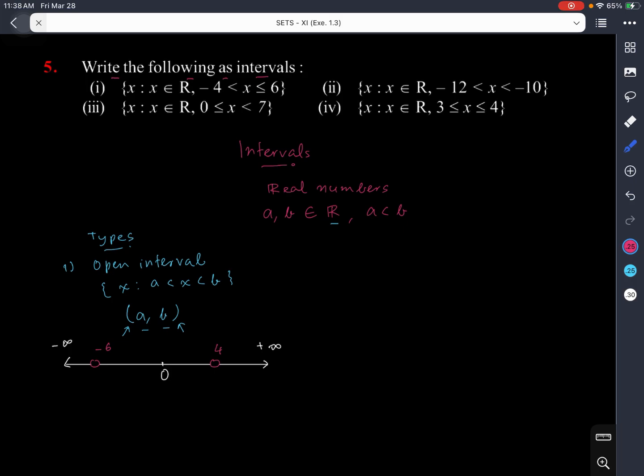So as we know that x is greater than a but less than b, which means that we'll be having all values lying between a and b, while the endpoints are excluded.